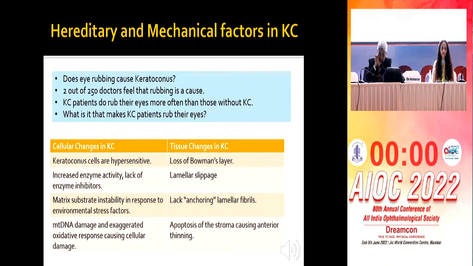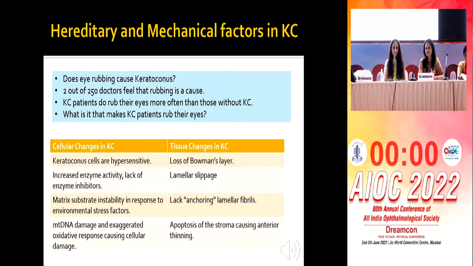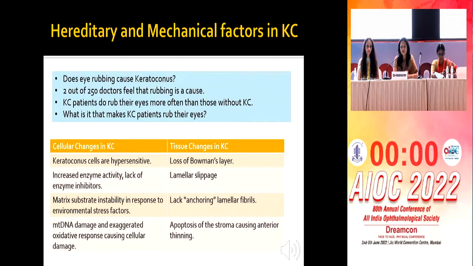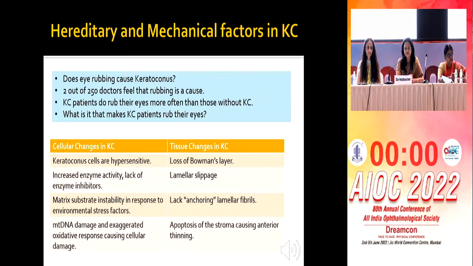Knowledge of this is important not only for the doctor, but also for communicating this information to the patient so that they can be cautioned to restrict eye rubbing, which is important not only for the occurrence of keratoconus, but also contributes to progression, and even after treatment intervention, if eye rubbing continues, it can limit the outcomes.